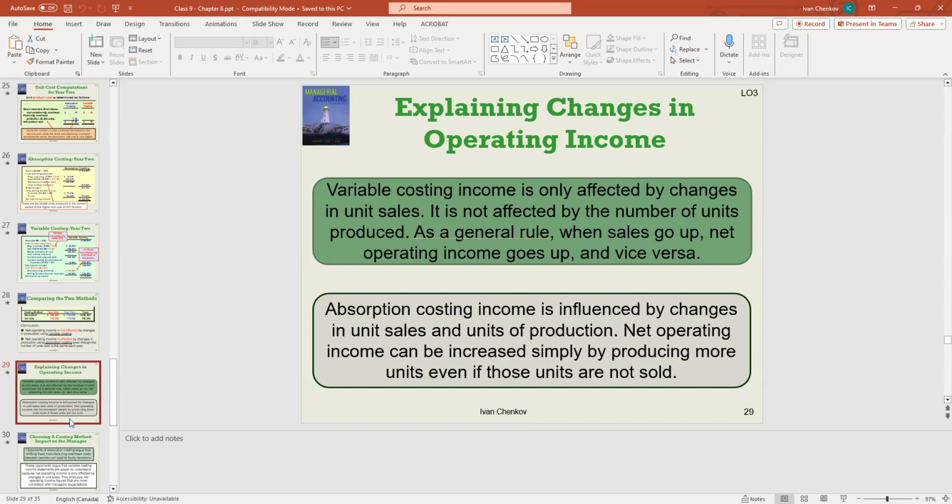So the general rule is, once the sales go up, operating income goes down. And once the sales go down, operating income goes up. Absorption costing income is influenced by both changes in units of sales and units of production. Net operating income can be increased simply by producing more units, even if those units are not sold.